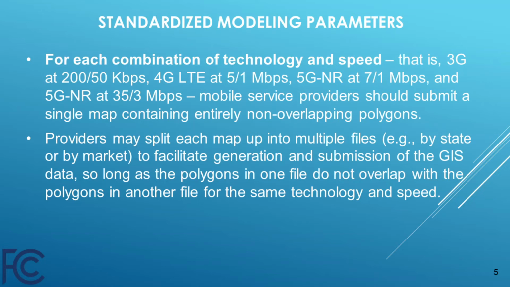Providers may submit each map in multiple files, for example, by state or by market, to facilitate generation and submission of the GIS data, so long as the polygons in one file do not overlap with the polygons in another file for the same technology and speed.